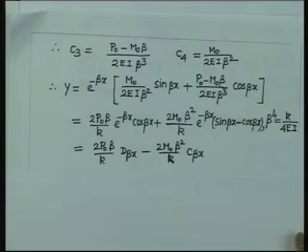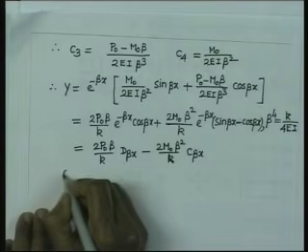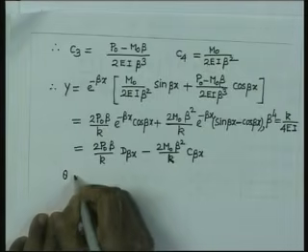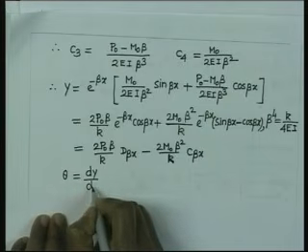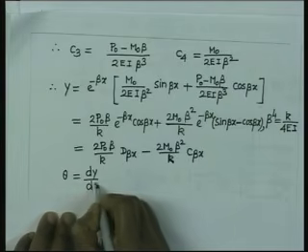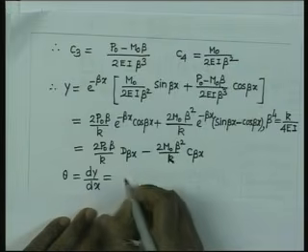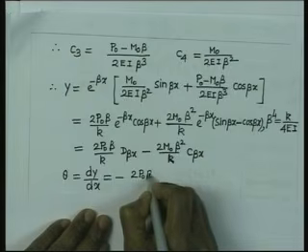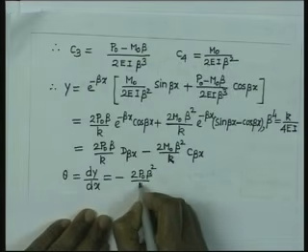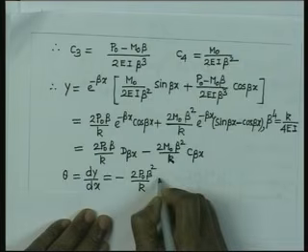We can get the expression for theta. Theta is equal to dy by dx, that is equal to twice P0 beta square by k.